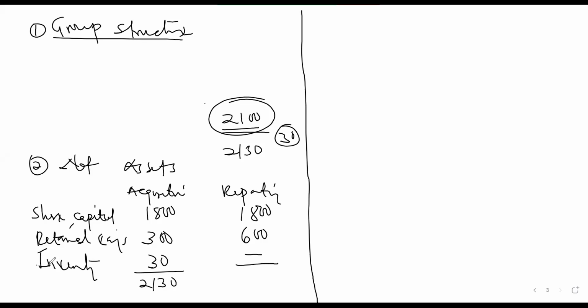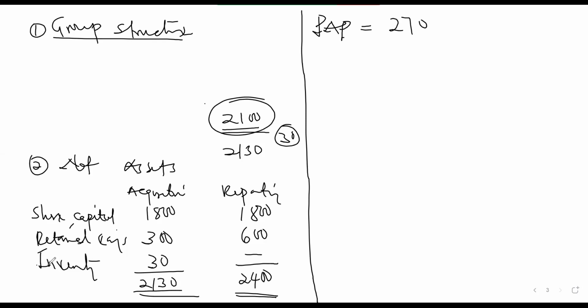So let's now come to this particular one. What is the difference at reporting? We have 2,400 against 2,130. What is the post-acquisition profit? 270. So this will be shared among the NCI and the subsidiary.